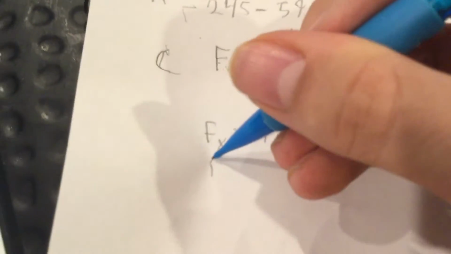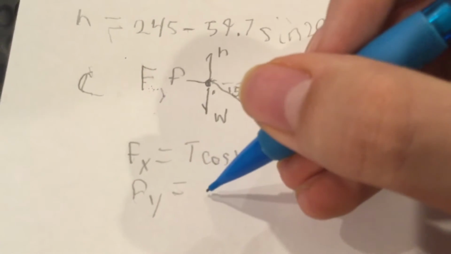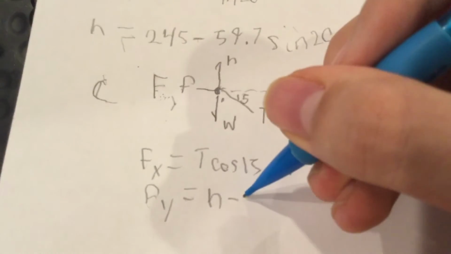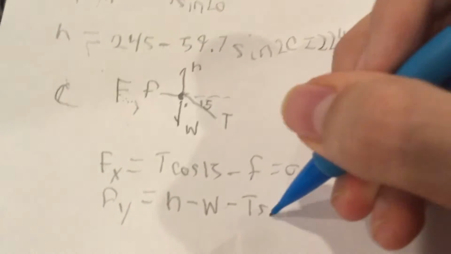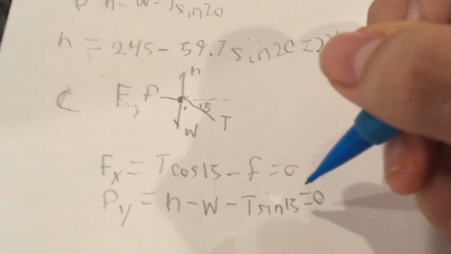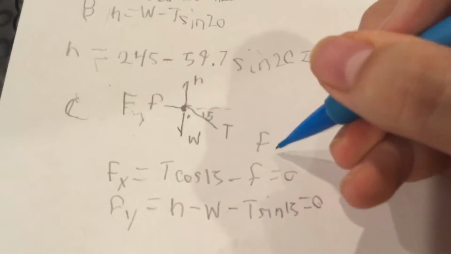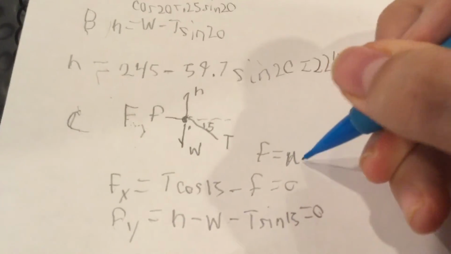Get the forces Y equals N minus W minus T sine 15 equals 0. Okay, we know that the friction is equal to nu times normal.